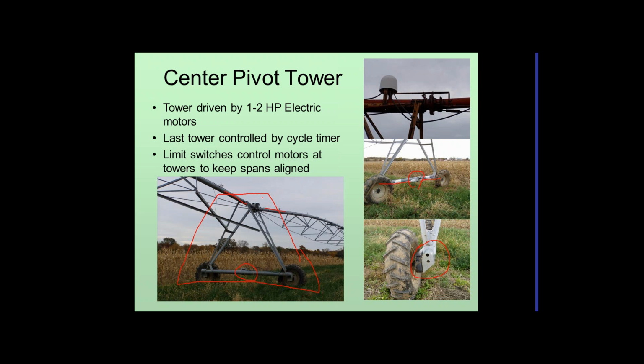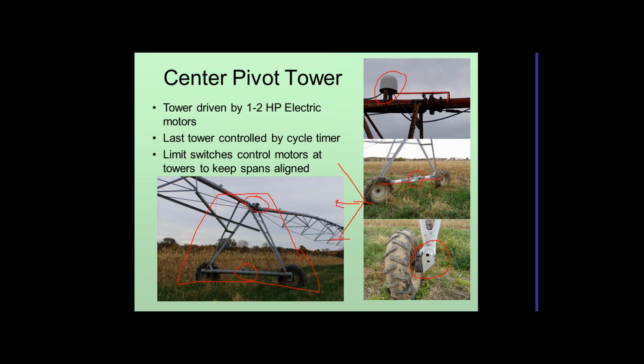Up on the top of the pivot, right up here, is a cover for where the limit switch is. This is a rod that comes from the next section of pipe. What happens as the sections get out of shape, say this is a tower motor here, and here's the end tower here. As these get out of kilter, the limit switch will kick in, and this will move.